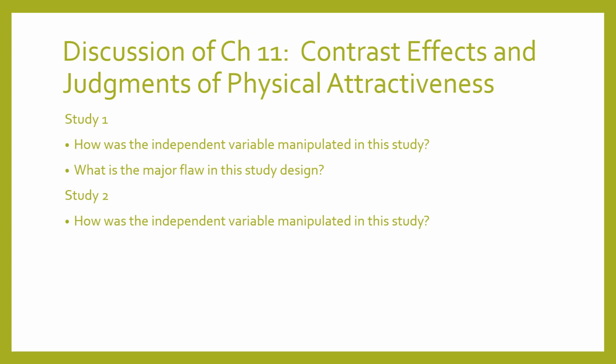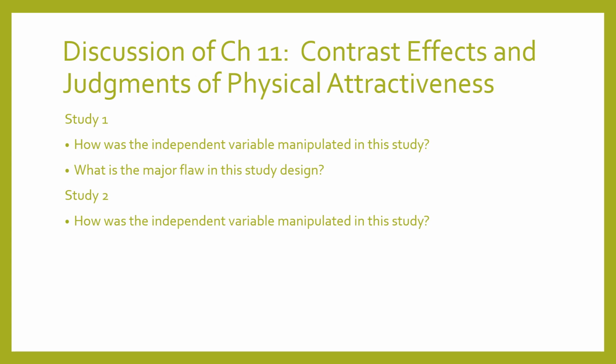So I briefly want to discuss chapter 11, which was an Aronson and Aronson chapter. So basically this chapter was a description of some studies on contrast effects and the judgments of physical attractiveness. So it was a summary of actually two different studies that were done on contrast effects.